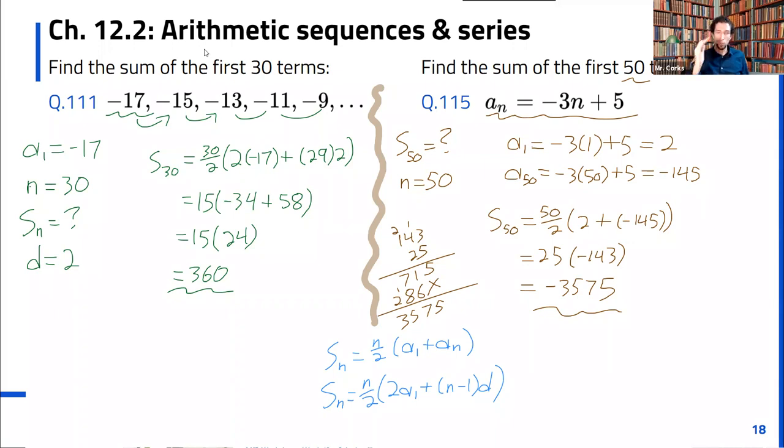Well, so two formulas: the general term and the partial sum for arithmetic sequences. We can use those in all kinds of places to solve a bunch of different types of questions, but it really is the same two formulas over and over, just in slightly different orders or with slightly different methods.